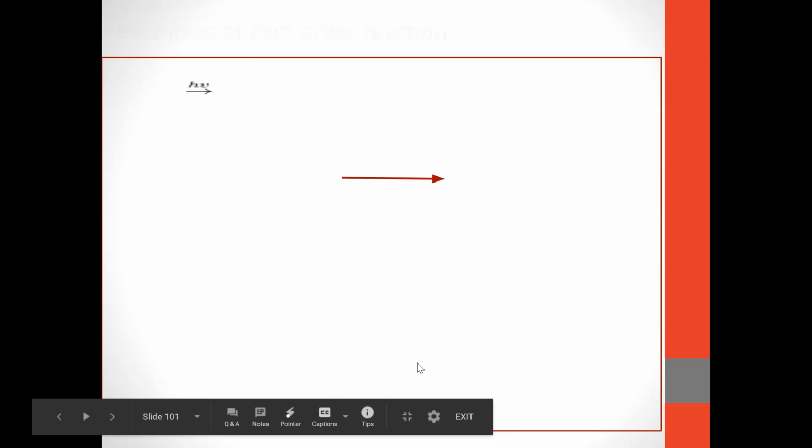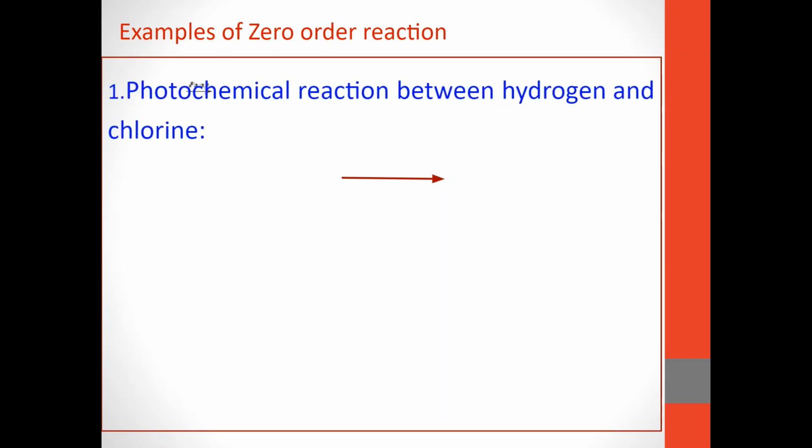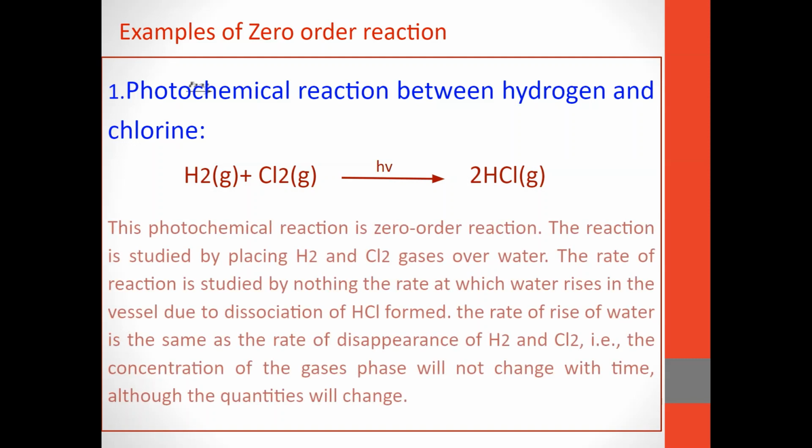Now let's see a few examples of zero order reactions. First one, the photochemical reaction between hydrogen and chlorine. H2 gaseous plus Cl2 gaseous in presence of h nu gives the formation of twice HCl. It is a zero order reaction. The reaction is studied by placing H2 and Cl2 gases over water.